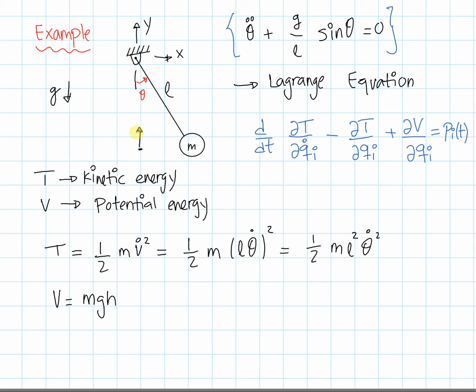So I'm going to measure it this way. So what I'll have is mg(L minus L cosine theta). And what I want to do is to pull this L out, and I'll get mgL(1 minus cosine theta).